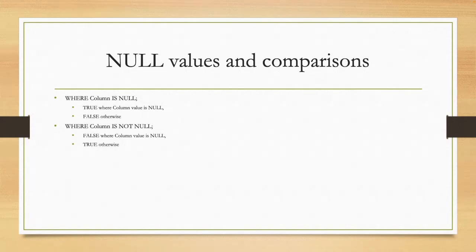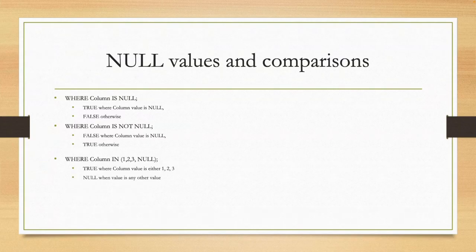Where it gets more interesting is when you start doing comparisons. Null compared to anything else with an equality operator will just return null. But where it gets tricky is what about an IN condition? What about an OR? And IN is really an OR for every single value in the set, as how it processes. So if we say column IN 1, 2, 3, null, this is true wherever any value is 1, 2, or 3.